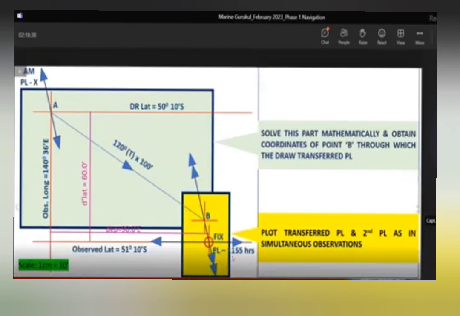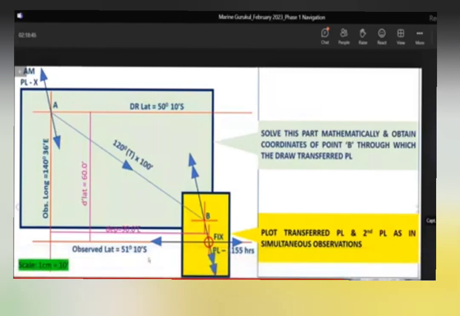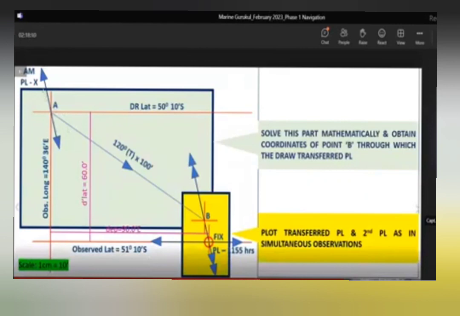Okay. Now you see, for 11:55 we have an observed latitude of 51°10' south that is given in the question. And we had this morning's longitude by chronometer PL. After obtaining the morning longitude by chronometer PL, we have steered 120 degrees and 100 miles distance.